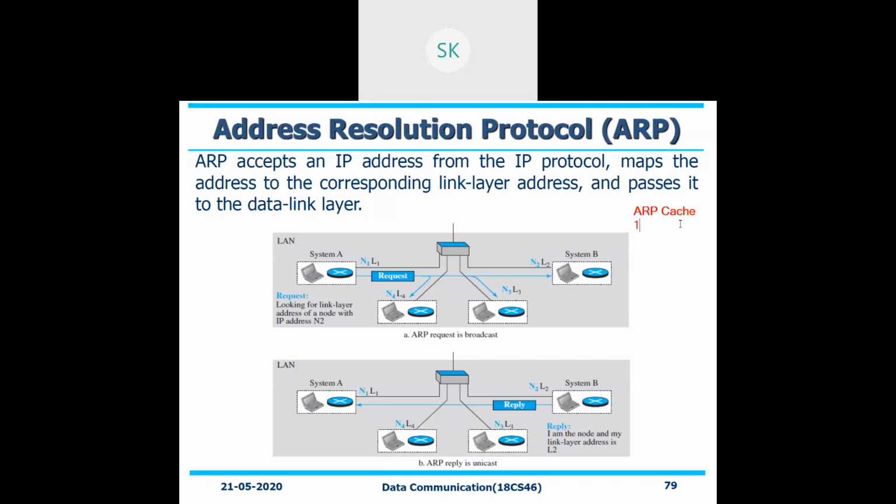Say, for example, 19.0.0.1. This is the IP address. This is what you call the network address. Corresponding to this network address, it should have a MAC address. Normally the MAC address will be in hexadecimal format, and the separator that we will be using here is a colon instead of a dot.